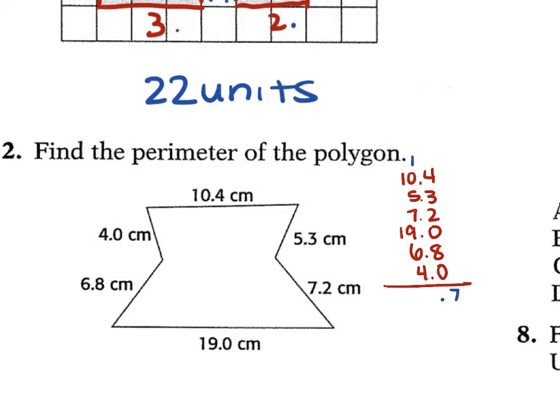Drop down your decimal point. 1, 5 is 6, plus 7 is 13, plus 9 plus 10 gives us 32. 1 plus 1 plus 3 is 5, so that's 52.7 centimeters.